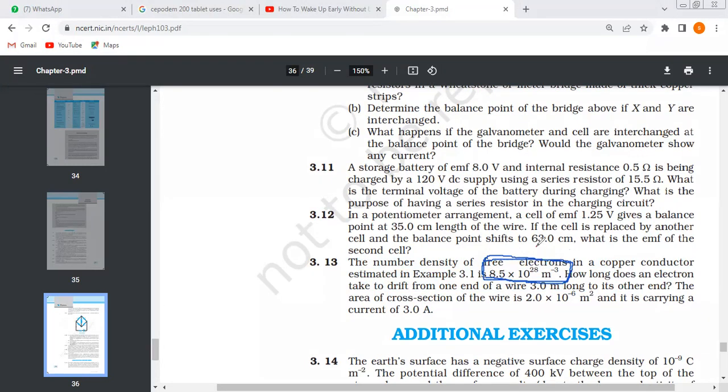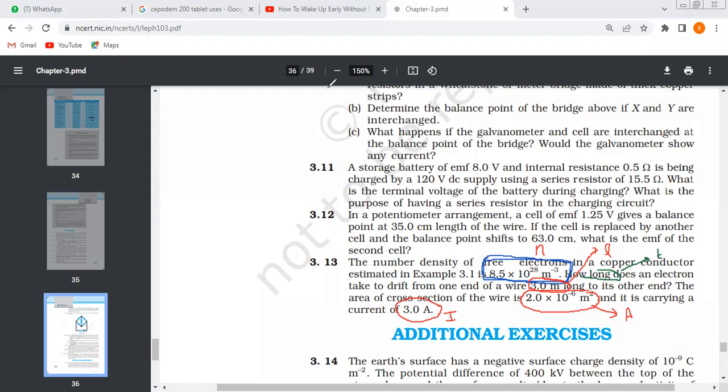It is the number of electrons per meter cube, n. What is this 3 meter? Length. Very good. And what does 2 into 10 power of minus 6 indicate? Area. Correct. What does 3 ampere indicate? Current. The question is how long? How long means time.